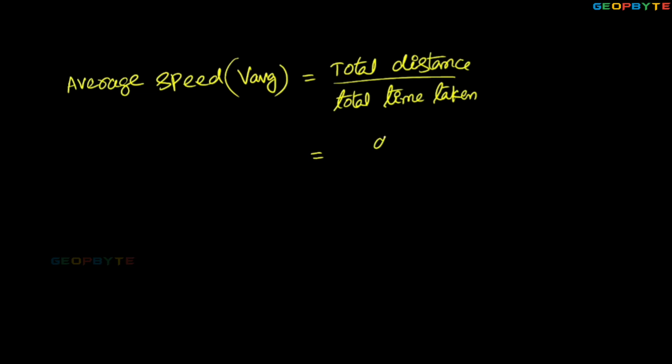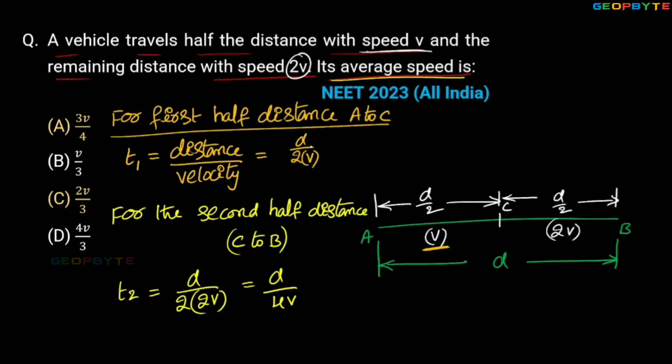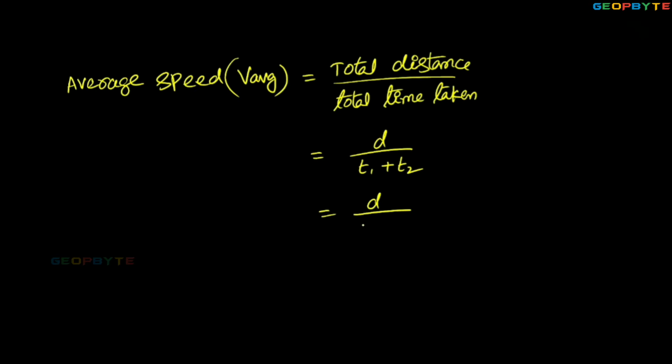Total distance traveled is d. Total time taken is t1 plus t2. It is equal to d by (t1 plus t2). Look at the t1. T1 equals d by 2v. T2 equals d by 4v. It is d by 2v plus d by 4v.